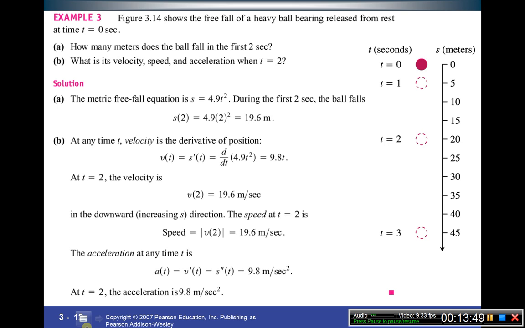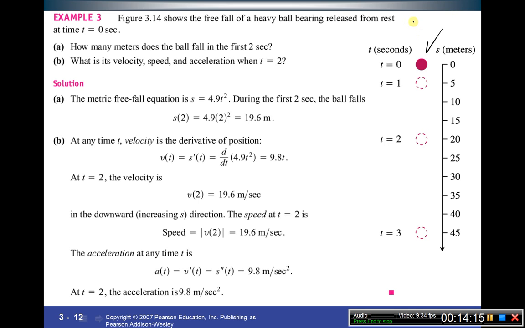Now we're going to work a problem here, and we're going to do this one in metric units. The figure here shows the free fall of a heavy ball bearing as it's dropped from a rest position at t equals 0.